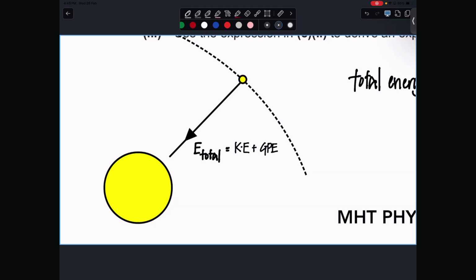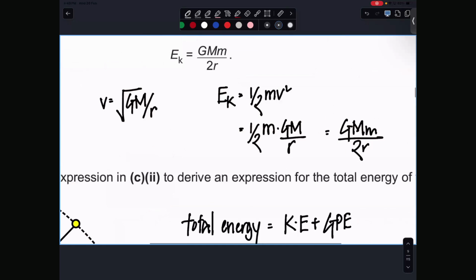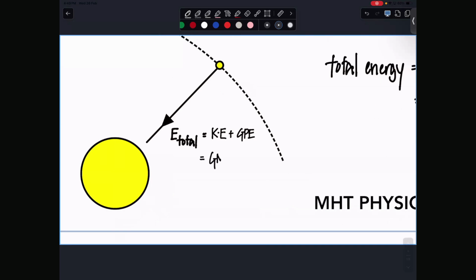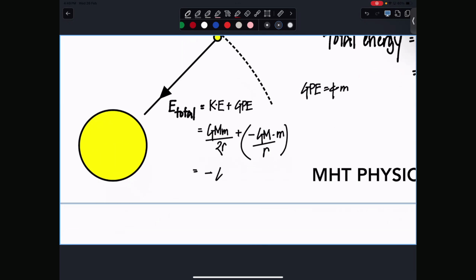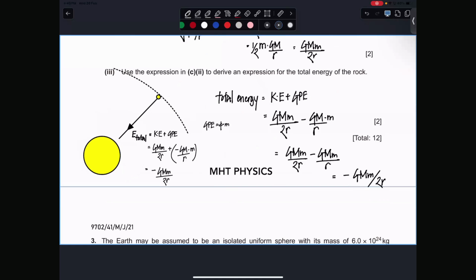Okay, so the K here would be what we found, GMm by 2r, and the GP at that point is going to be phi, which is always minus, as said earlier, so this has to be minus GM divided by r into what? M, because GP, if anyone doesn't know this yet, is phi into m, right? So after doing this, when you simplify you get minus GMm by 2r. That's the total energy at any given point.